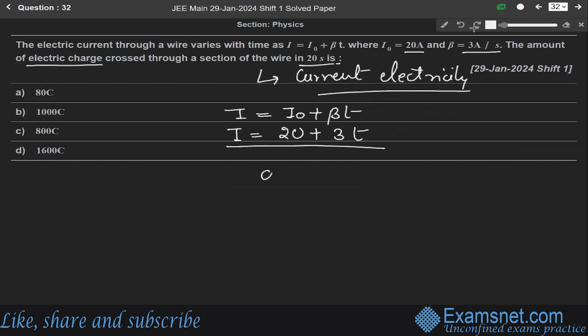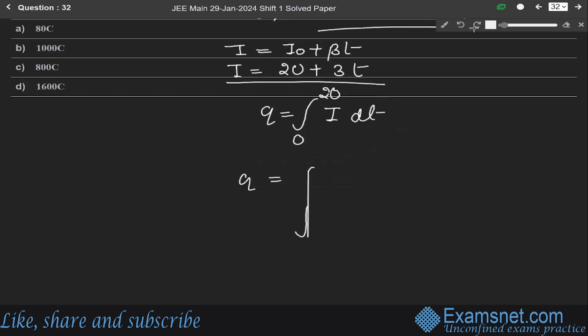We know that Q is equal to the integration of I dt, and it is for 20 seconds, so the limit will be taken from 0 to 20. So we get Q equals the integral from 0 to 20 of (20 plus 3t) dt.